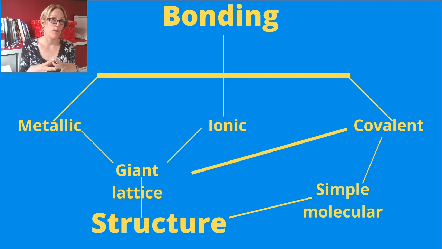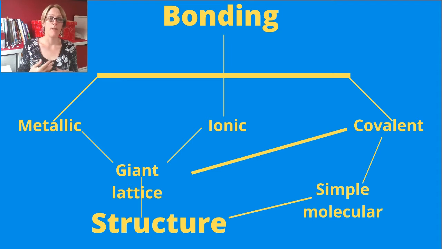Now, there are a small number of examples where metals can form covalent compounds. There are a small number of examples where ionic substances can arise from non-metals, but generally those rules are still going to apply to the majority of compounds and elements that you look at.